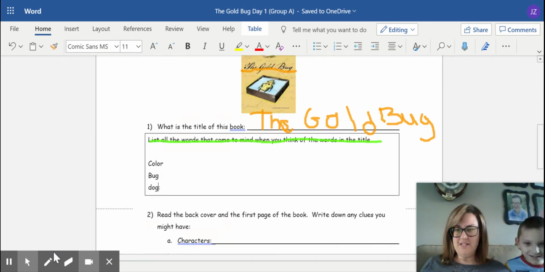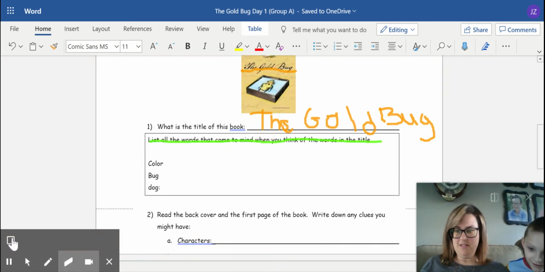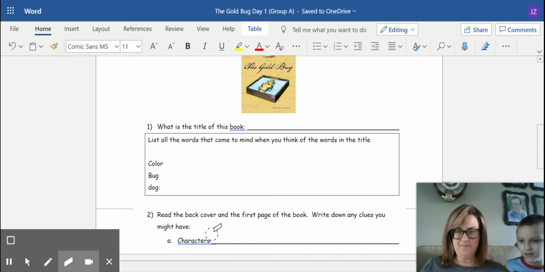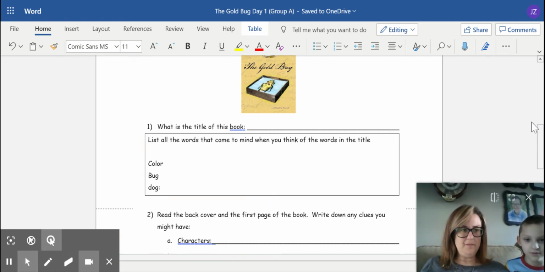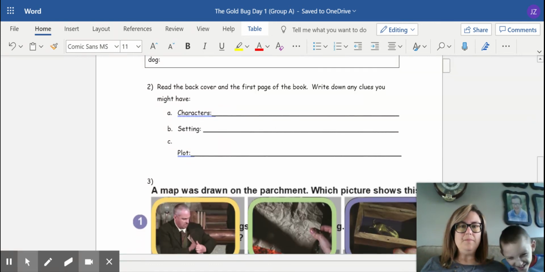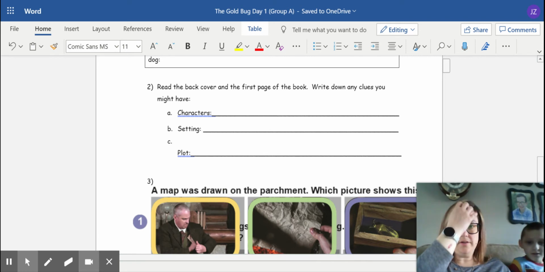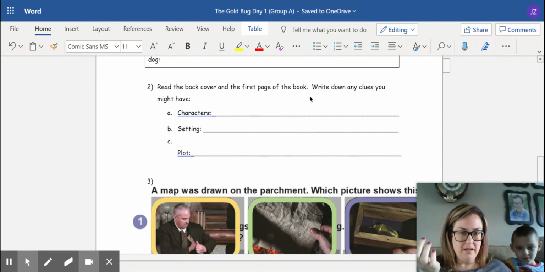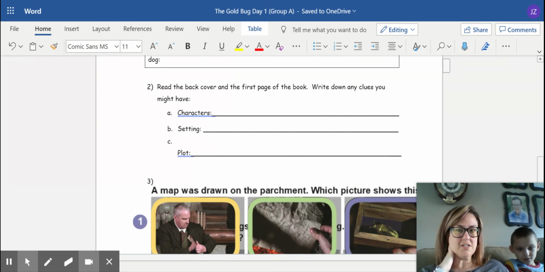Let me erase my stuff again. There we go. Now we're going to go ahead down to question number 2. You could just read the back cover on the first page of the book. Okay, well, we read it, so you should be able to understand. Think about the characters, the setting, and the plot.